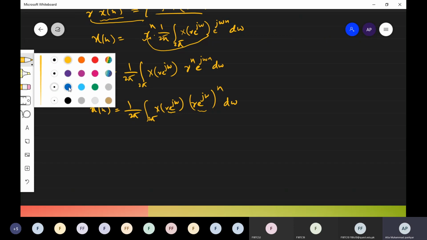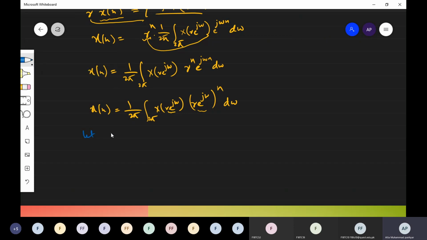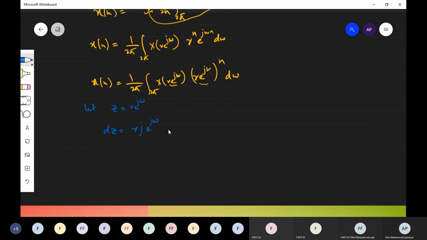Now I want to substitute this value. For example, if I say let z is equal to r e to the power j omega, then what should be the value of dz? dz is equal to r j e to the power j omega d omega, right?